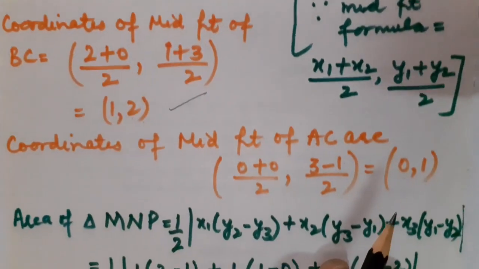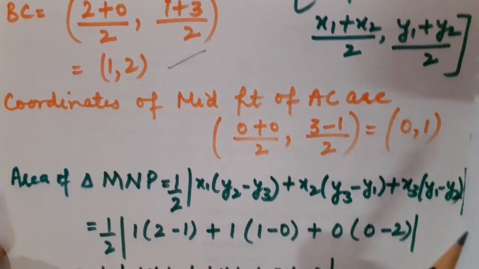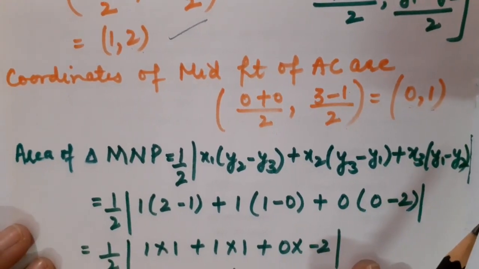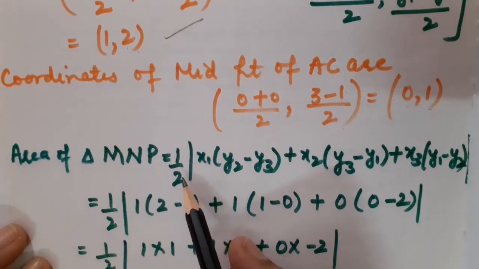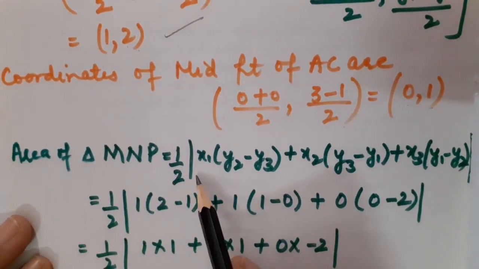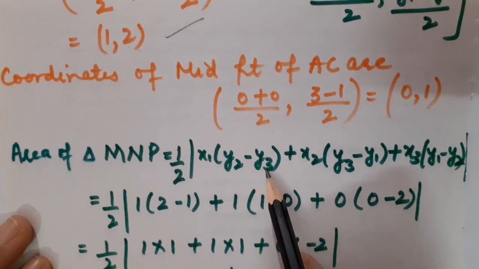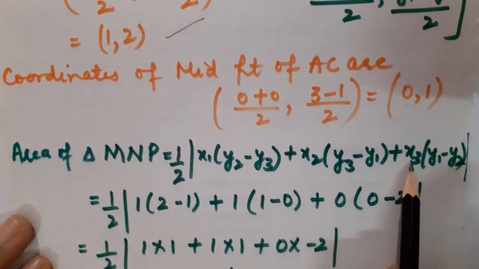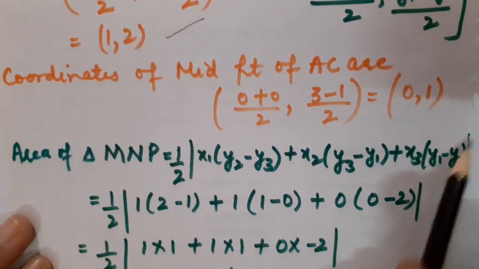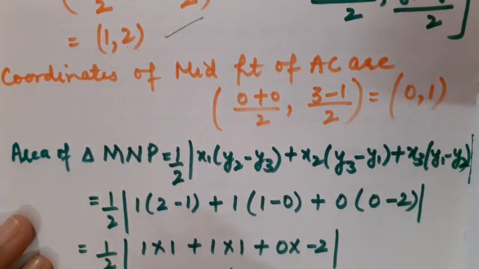Now here is the formula to calculate the area of a triangle. So area of triangle MNP is equal to half into modulus of x1 (y2 minus y3) plus x2 (y3 minus y1) plus x3 (y1 minus y2), with the modulus opened as well as closed.